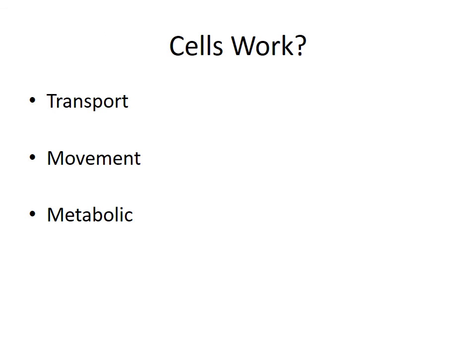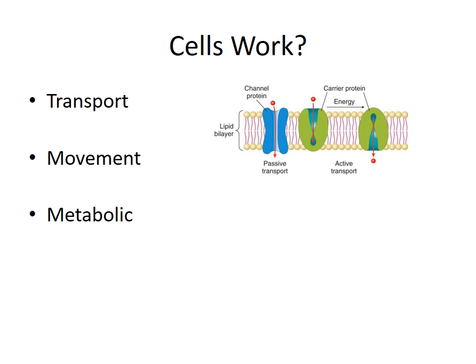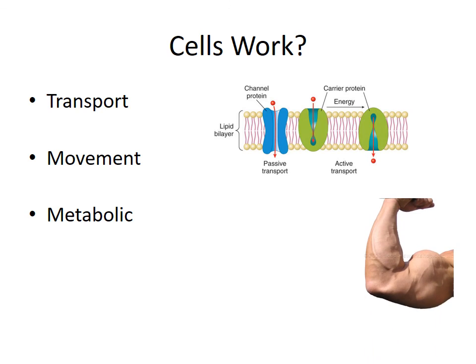So what kind of work do cells do? Well, of course, they do transport. And we've already talked about this in terms of transport proteins. Active transport, where we're pumping things against a concentration gradient. Movement, of course, and that's going to be the power of muscles, and muscles are proteins, and they move and slide past each other.